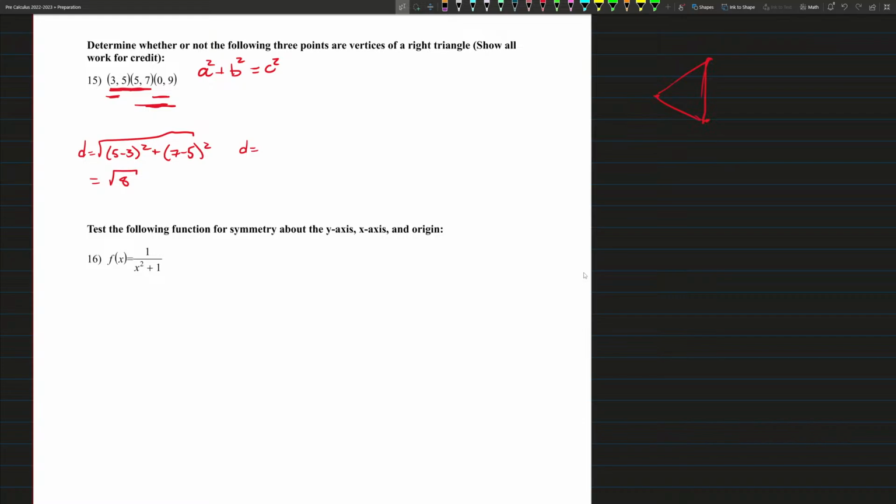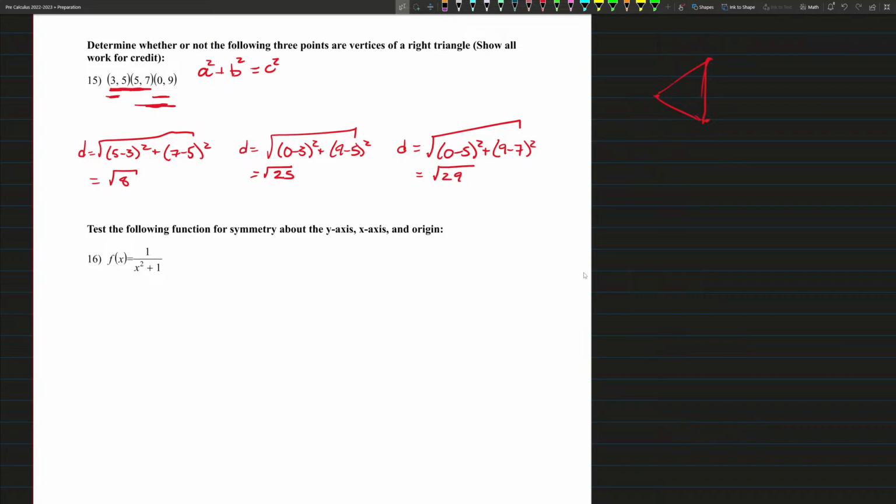The distance between point 1 and point 3, so 0 minus 3 squared plus 9 minus 5 squared, 9 plus 16, that's 25, so this is just root 25. And then the distance between point 2 and point 3, so 0 minus 5 squared plus 9 minus 7 squared. And this comes out to 25 plus 4, so this is root 29.